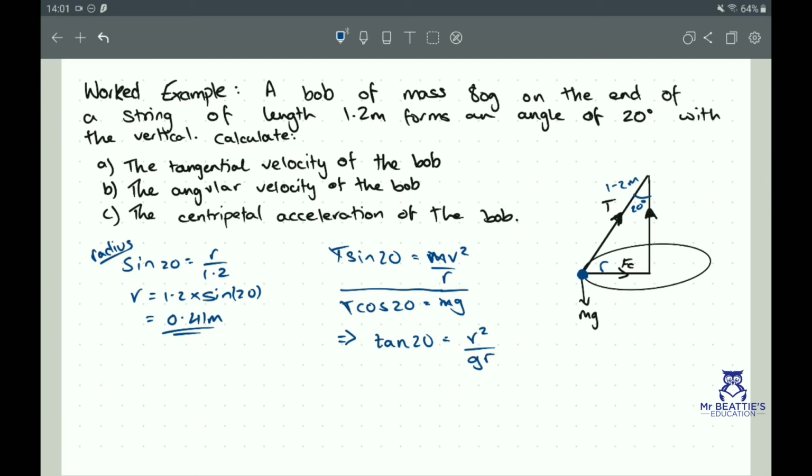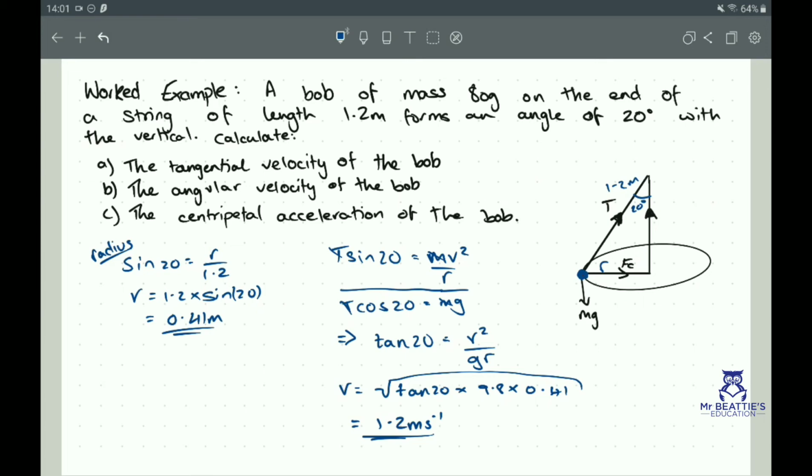If we rearrange that for v, v is equal to the square root of tan 20 times 9.8 times r, which you worked out is 0.41. That gives us a velocity of 1.2 meters per second. And that's our tangential velocity of the bob going round in the circle.